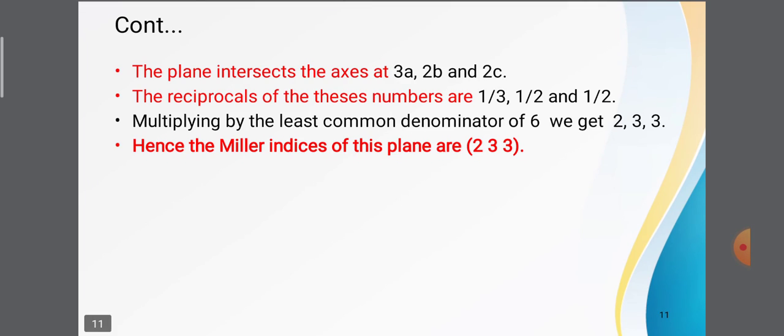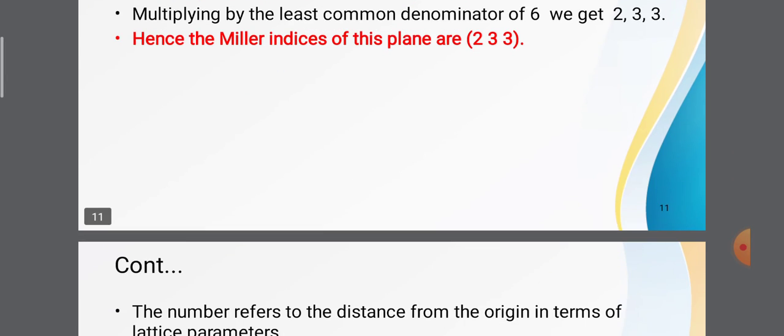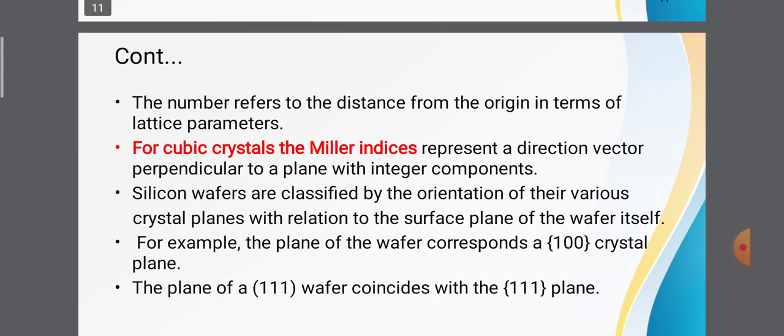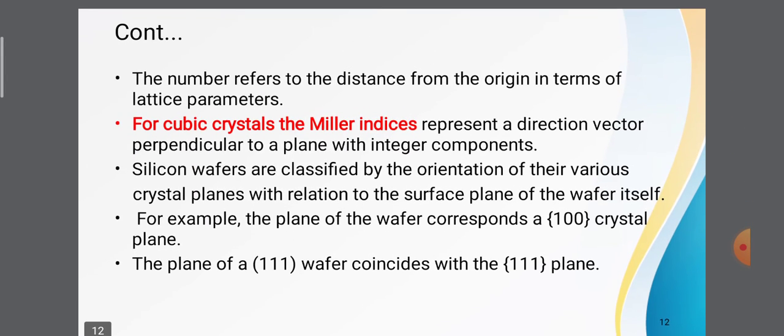Here the numbers represent the distance from the origin in terms of lattice parameters. For example, in a cubic crystal, the Miller indices represent the direction vector perpendicular to the plane with the integer components. Here also the silicon wafers are classified by the orientation of the crystal plane in relation to the surface plane of the wafer itself.